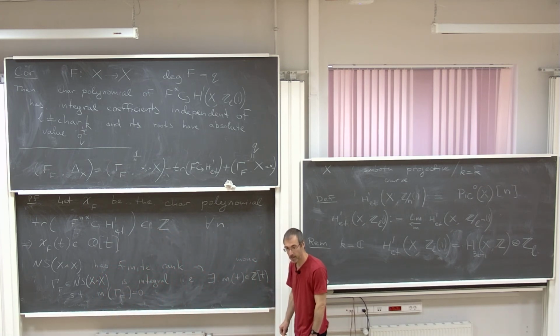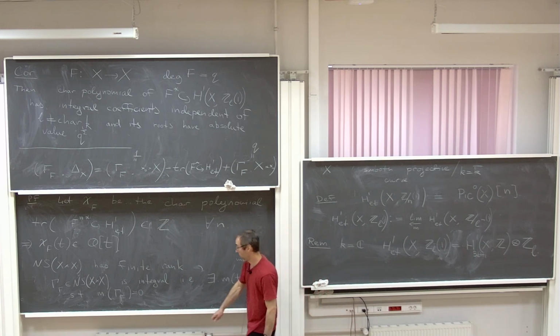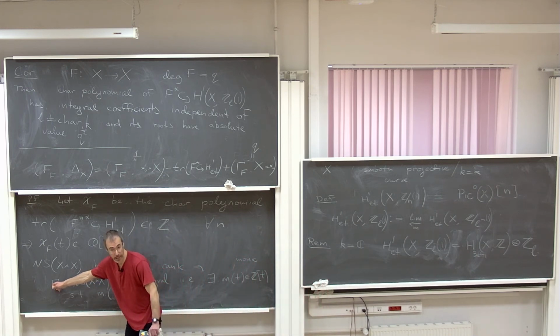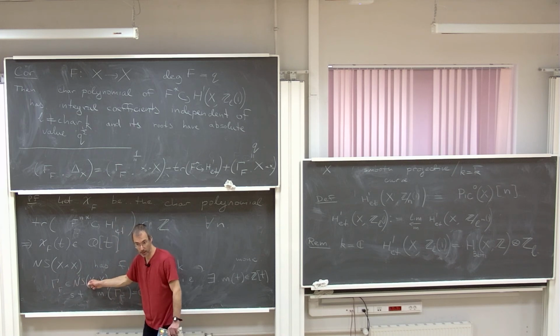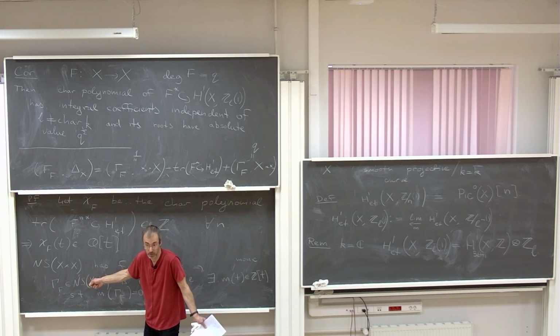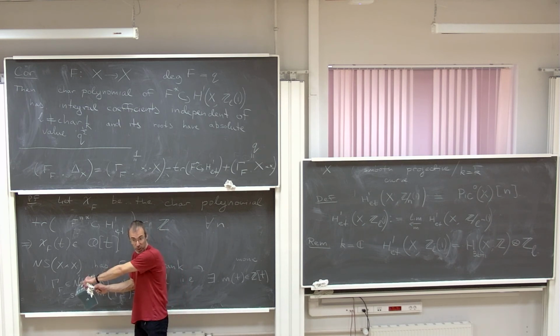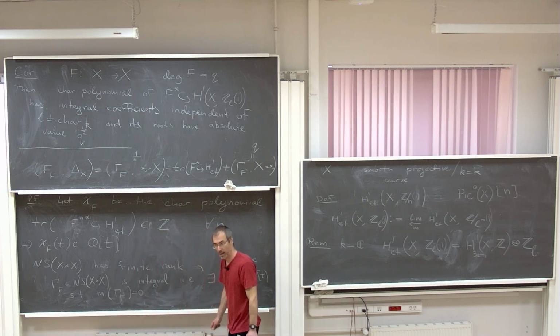How do you see this? You just look at the multiplication by gamma on this ring. It is an abelian group of finite rank, and its characteristic polynomial now has integer coefficients, because it's a free abelian group. You just write the left multiplication as a matrix, and then by the Cayley-Hamilton theorem, it annihilates gamma f.